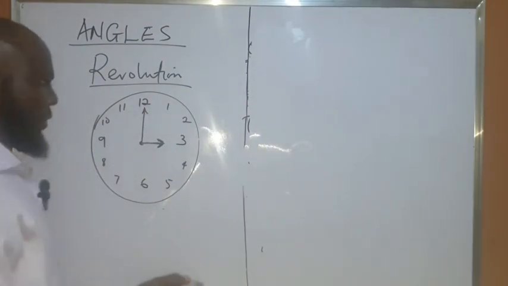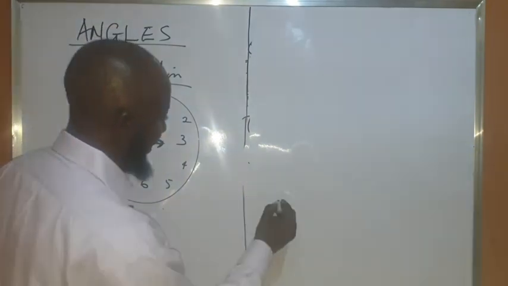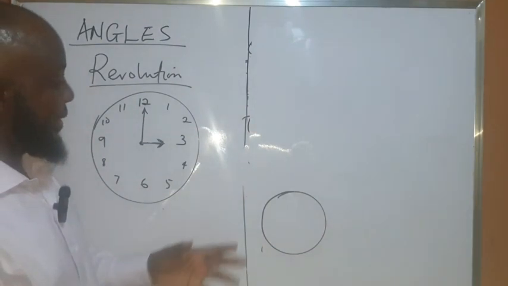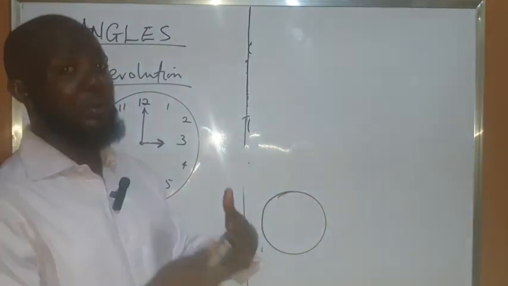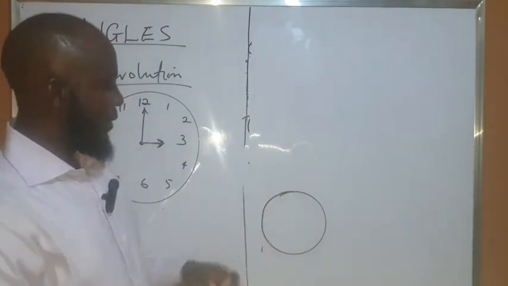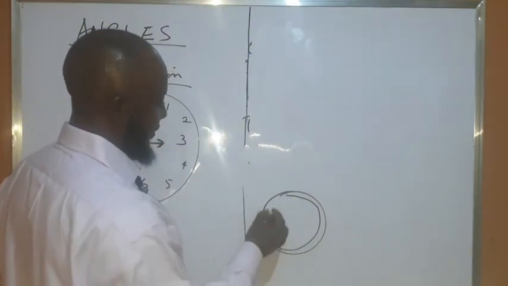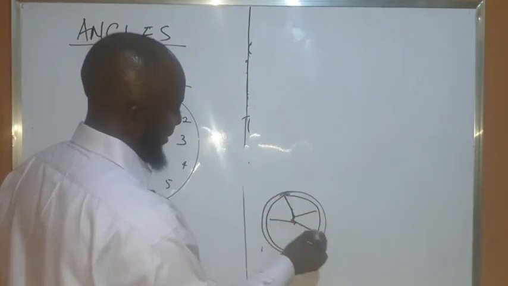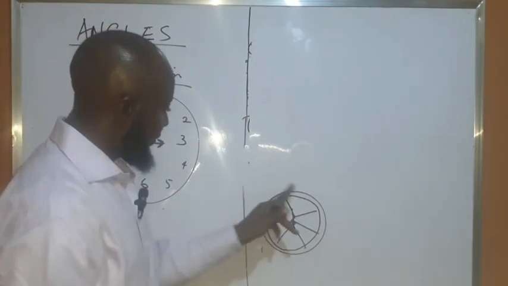For example, if you are driving and you have a tire, all these we are still going to look at, but now we're looking at plane shapes and the application of plane shapes. You know a bicycle tire. This is the bicycle, and this is the rim.